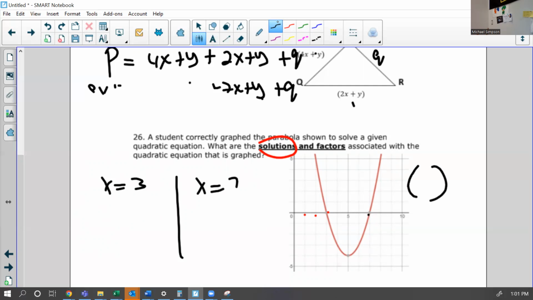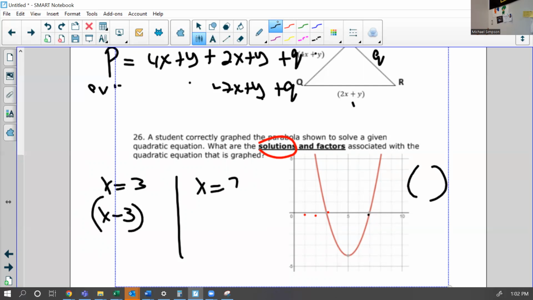So remember I said the easy way to do this: if the 3 is positive right here, make it negative, and put it in parentheses, x minus 3. Here, the 7 is positive, so I make it negative and put it in the parentheses. That's probably the easiest way to go with that. Okay, so those are my factors.